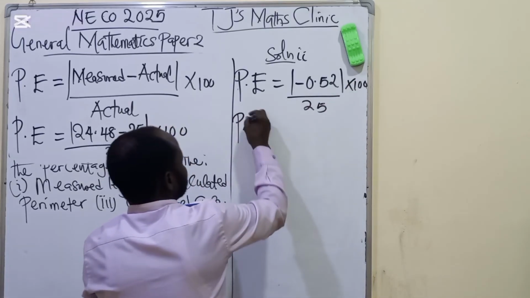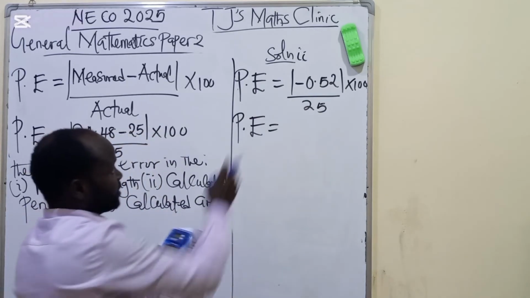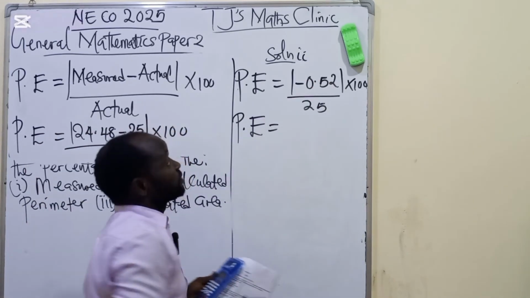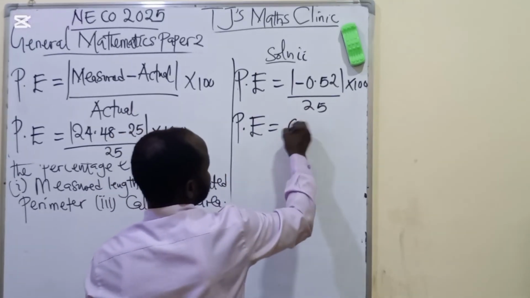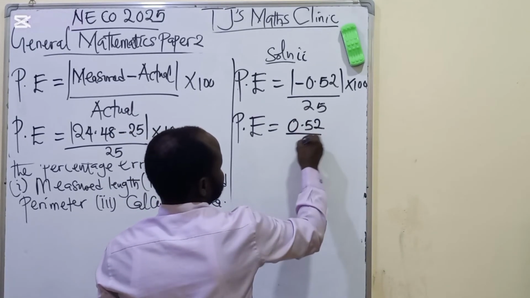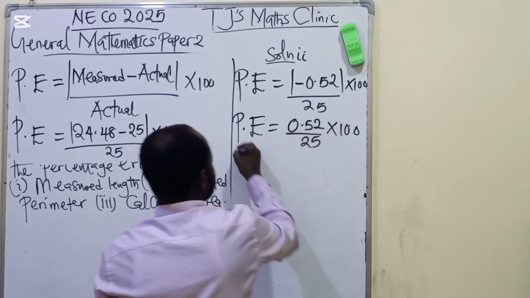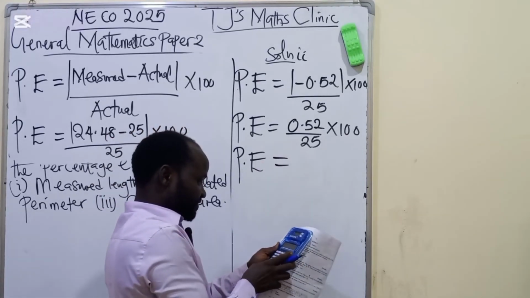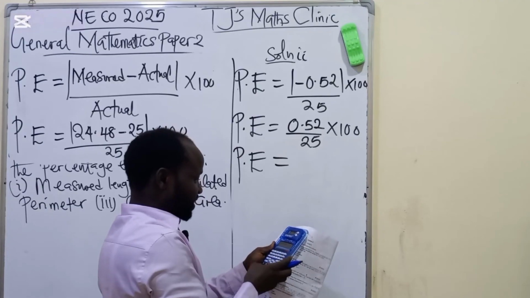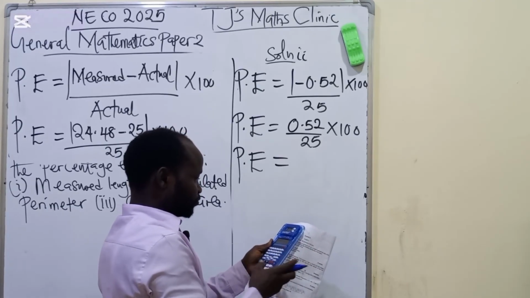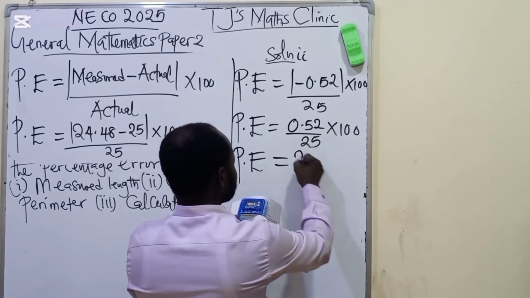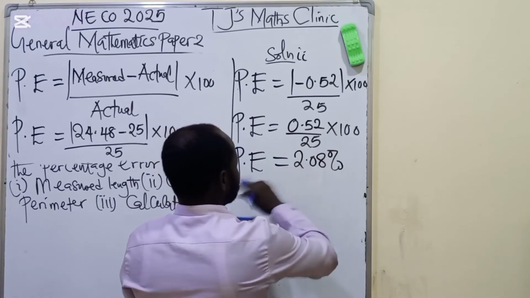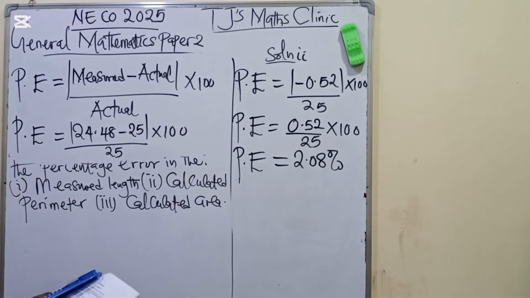We take the absolute value of minus 0.52, and we have 0.52 divided by 25 multiplied by 100. We'll have 2.08%. So the calculated perimeter is still giving us 2.08%. This is the solution to Roman numeral 2.